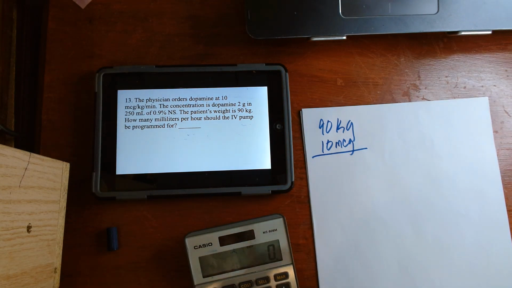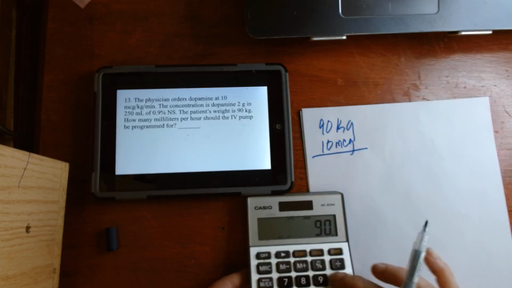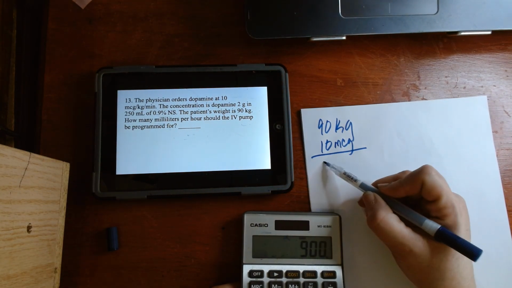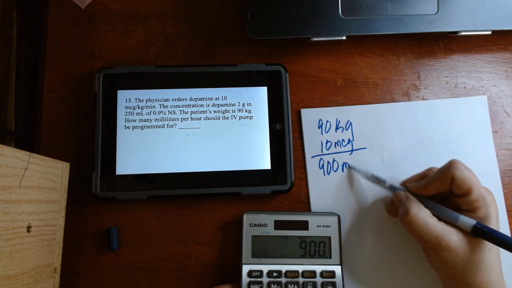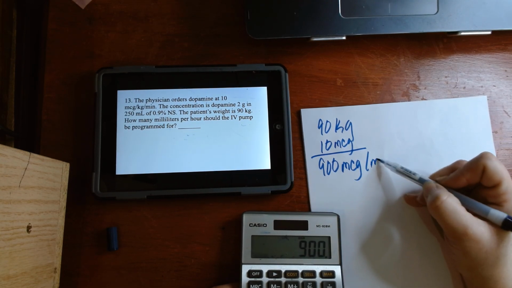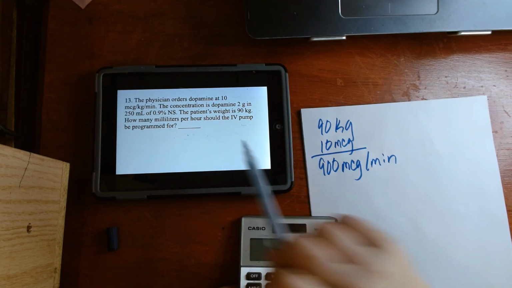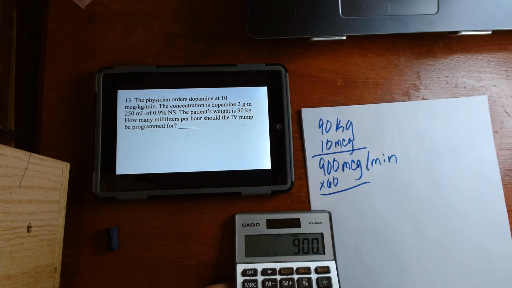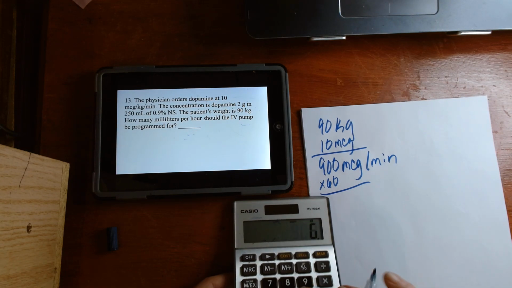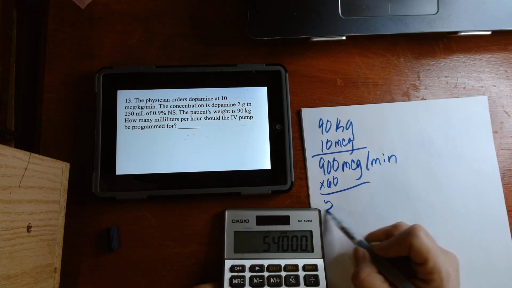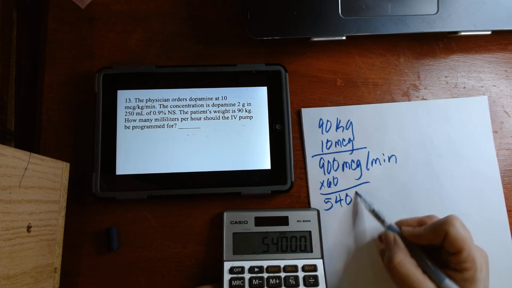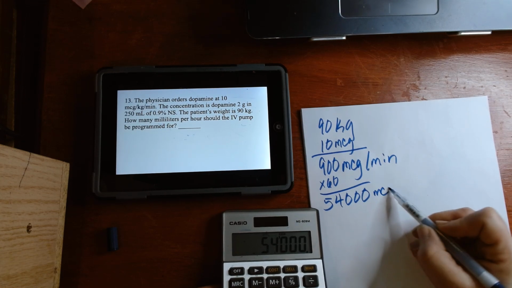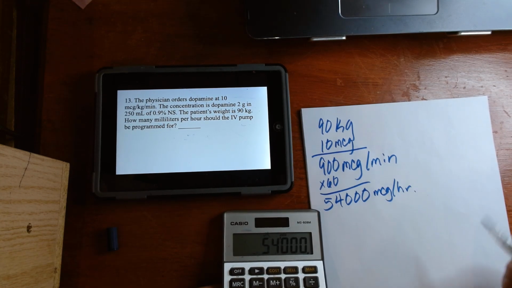Micrograms. So we'll do 90 times 10 equals, and that's 900 micrograms per minute. And you know Ethel, dadgummit, she wants everything in an hour. So we're going to multiply that times 60, and it's going to be 54,000 micrograms per hour.